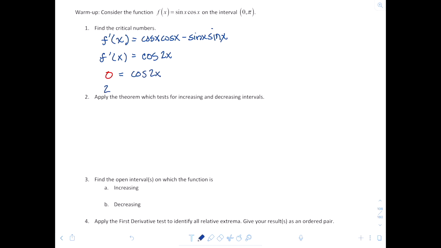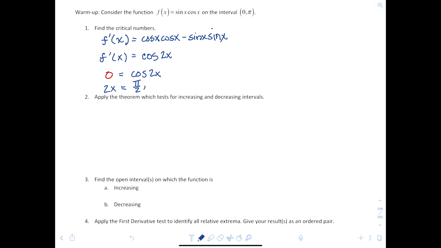And so 2x, if you think about, okay, at what angle input does the cosine function have an output of 0 on the open interval from 0 to pi? We would have pi over 2, and then we got to go twice around because we've got a double angle.